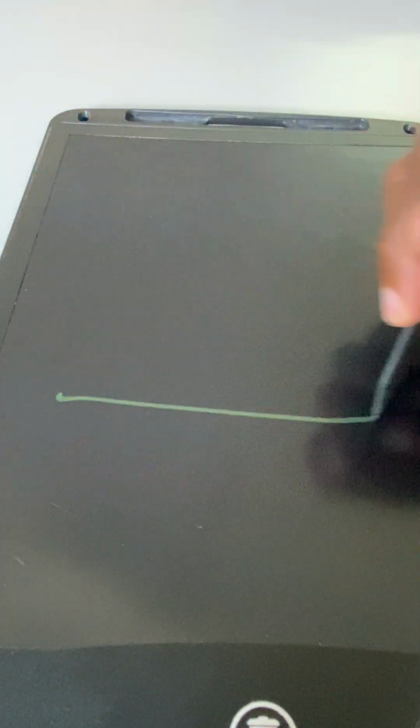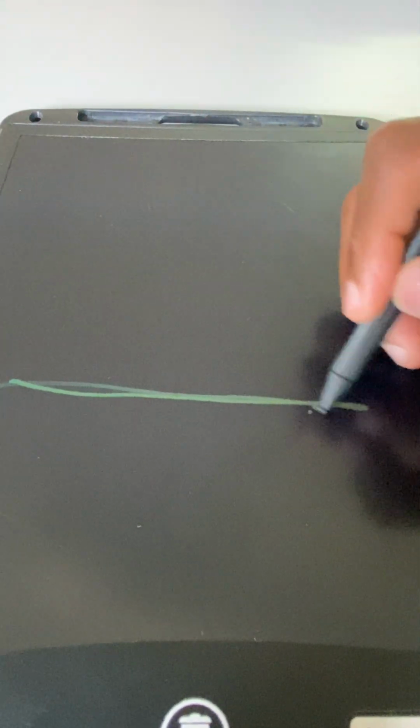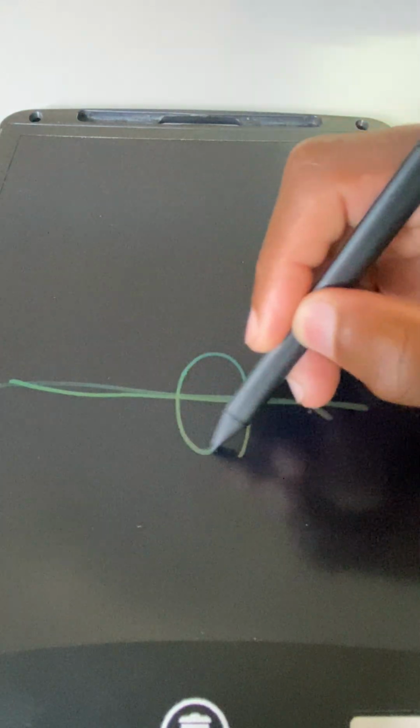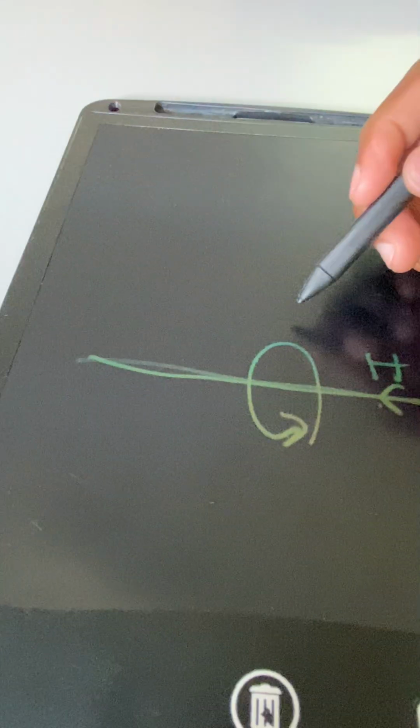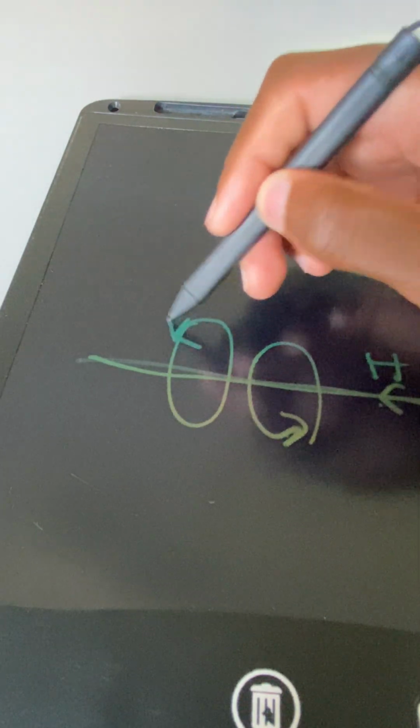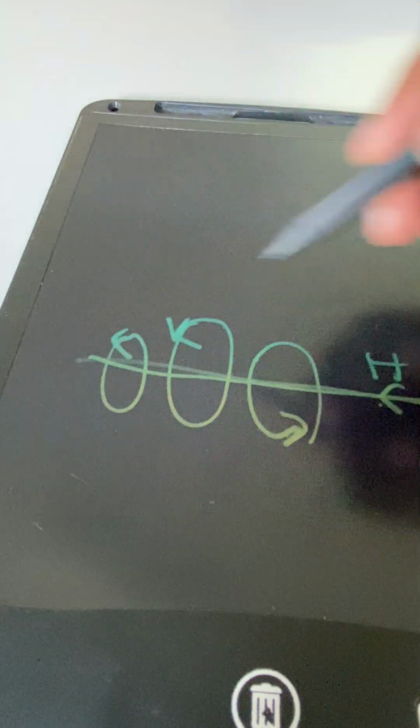Just to state that again, because it's very important, this is our wire. It's carrying a current of I in this direction, which means we're going to have our magnetic field lines moving like this, isn't it? They are moving like this around the current due to the right hand grip rule.